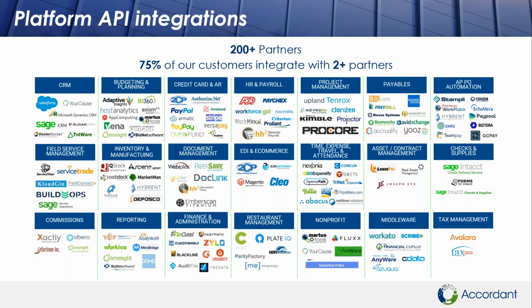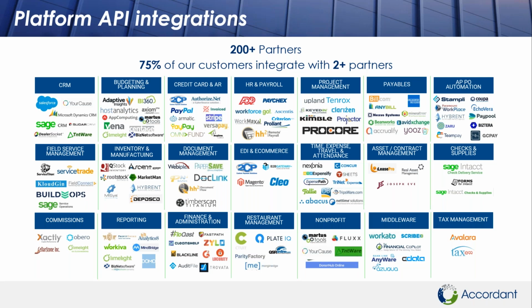Some of the highlights of products that are in our industry: Sage Service Operations or Field Operations integrates with Sage Intacct. TimberScan came out with a new product called Titanium, a web-based product that integrates real-time with Sage Intacct. Procore, obviously for project management. HH2, for those of you that are using HH2 for time capture, or perhaps even for document flow.